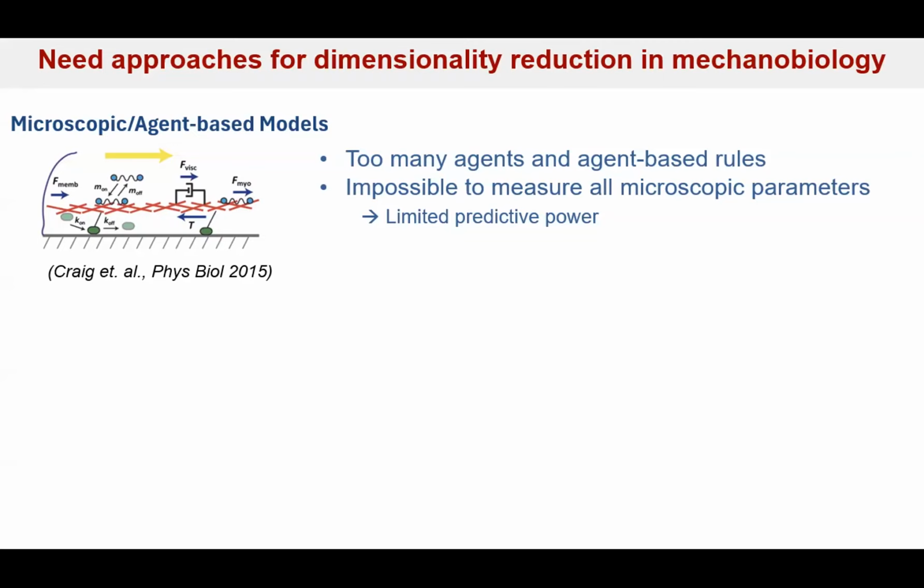We try to do our best in careful experiments to make measurements. As I think most of us are familiar with, these break down very quickly, right? They have very limited prediction in time. There's always too many agents. Some people still think that we could measure every single molecule's activity and we'll understand the whole system. I don't believe that. It's really limited in how we're going to be able to make predictions.